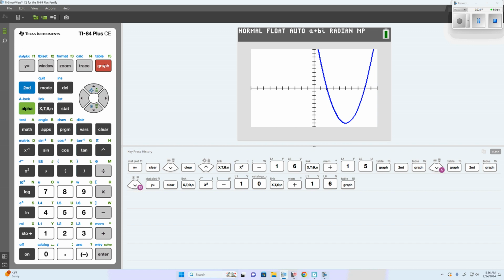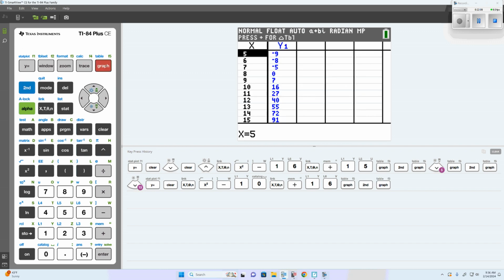We see that it does cross the x-axis in 2 places. And if we look at the table, those 2 places are 2 and 8. Because we're looking for what values of x make the y value 0. Because when x is 2, the y value is 0. When x is 8, the y value is 0.